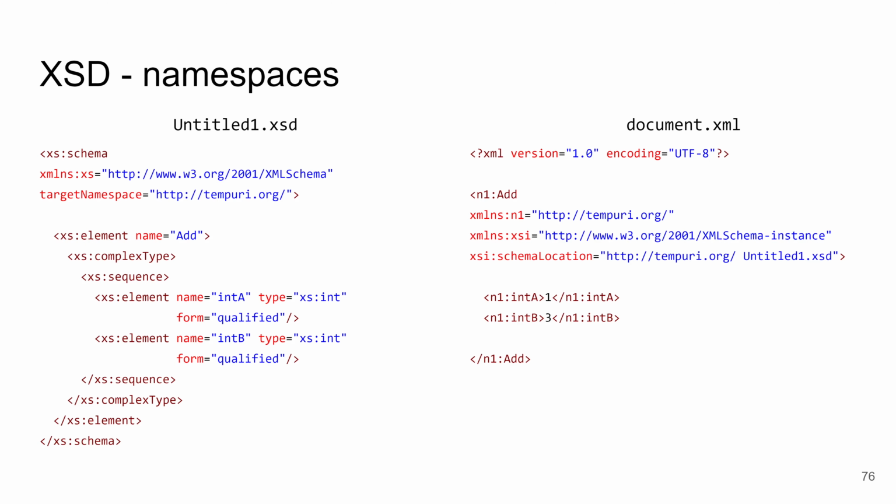So this means that the instance is the same. As you can see in the instance, the elements int A and int B use the namespace prefixes. One thing to note is that here in the instance you can see the XSI schemaLocation. Before we have seen the noNamespaceSchemaLocation, which was for XML schemas which do not use namespaces.